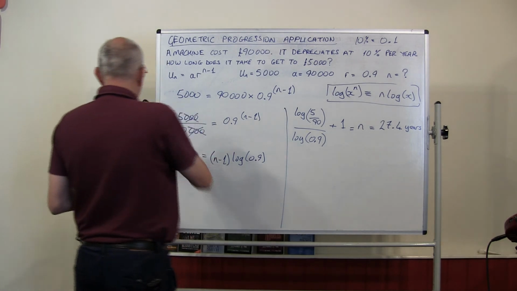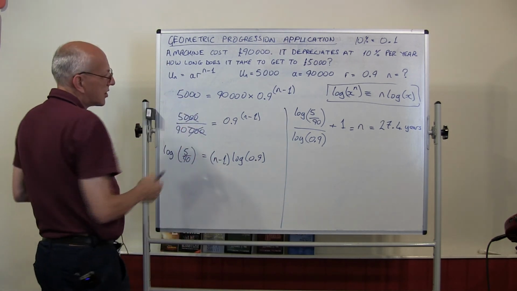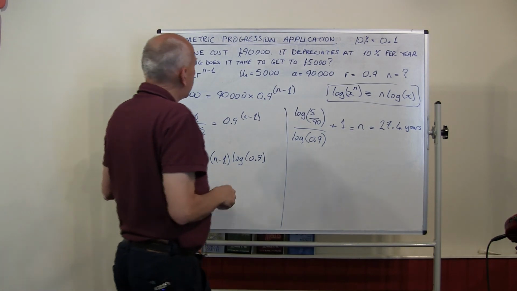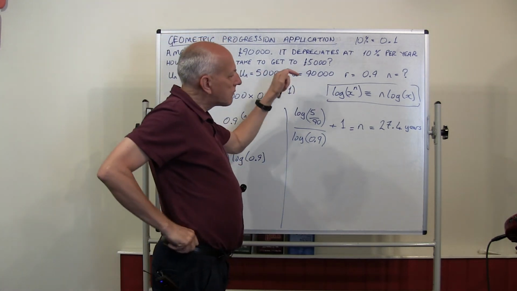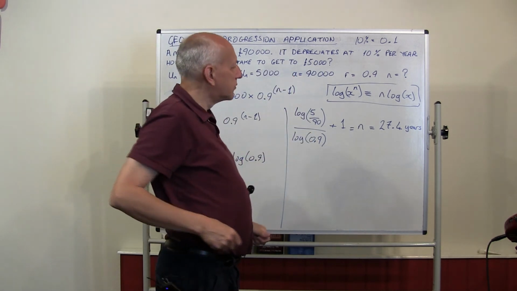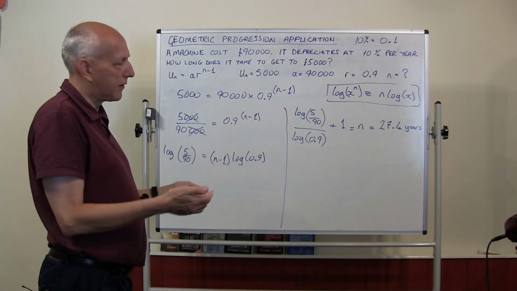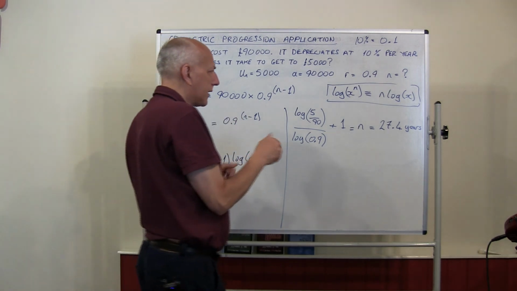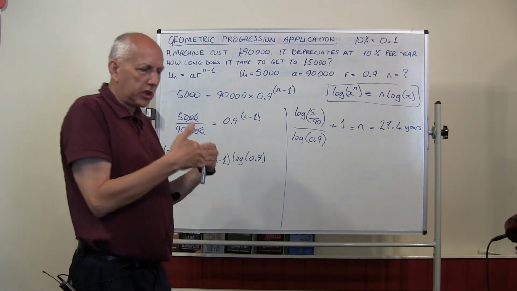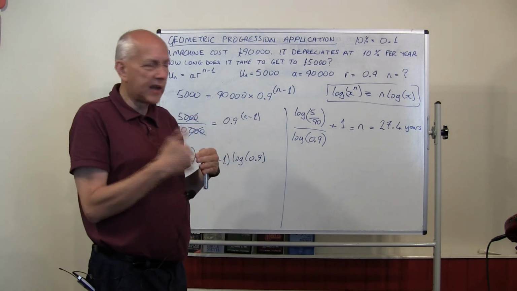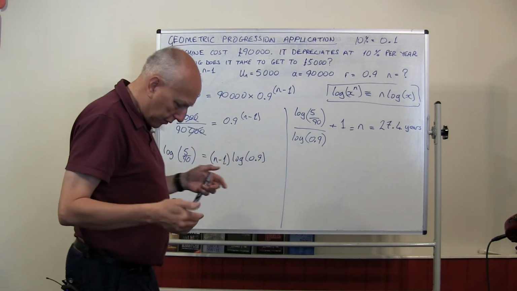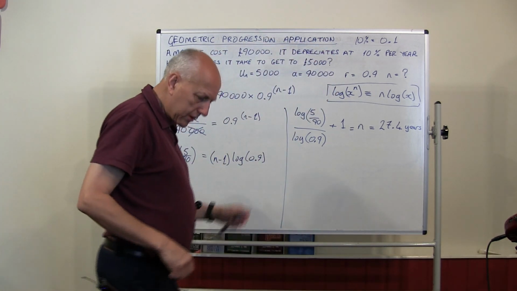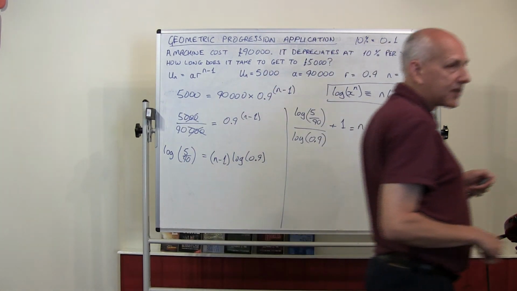There's a slight twist in the tail there, in actual fact, and it's not actually 27.4 years, because this method of counting is not how we do accounting. You'd have to take 1 away, and the reason for that is we don't start counting from 1, we start counting from 0. So if I'm taking steps, this would be 0, that would be my first step, that would be my second step, and so on.